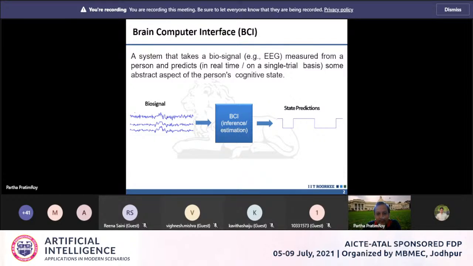In the last 10 years, we have seen a tremendous boom in the machine learning paradigm.